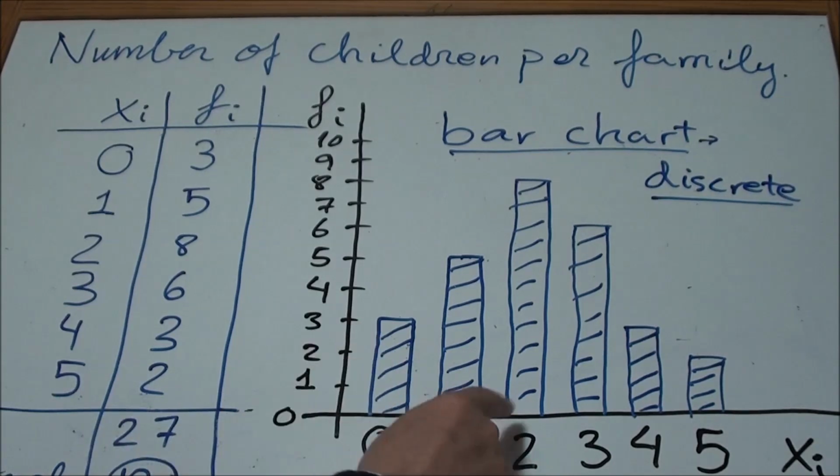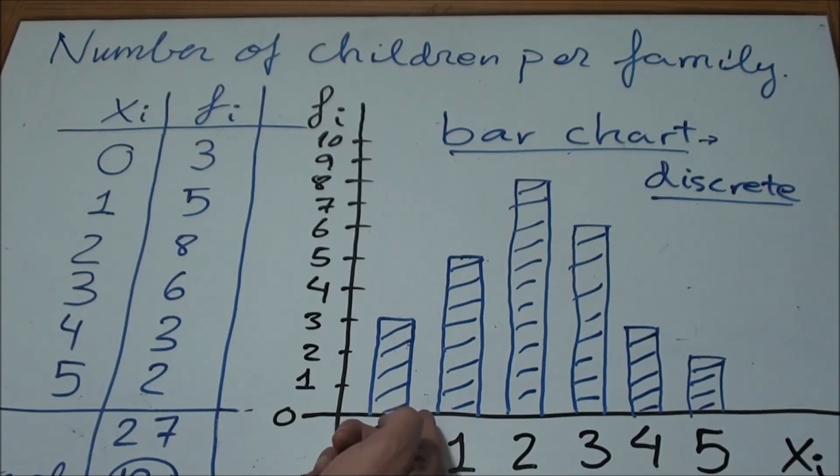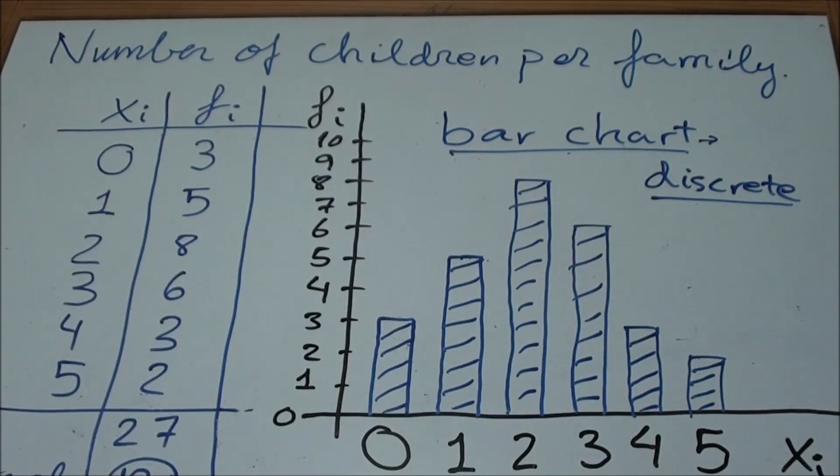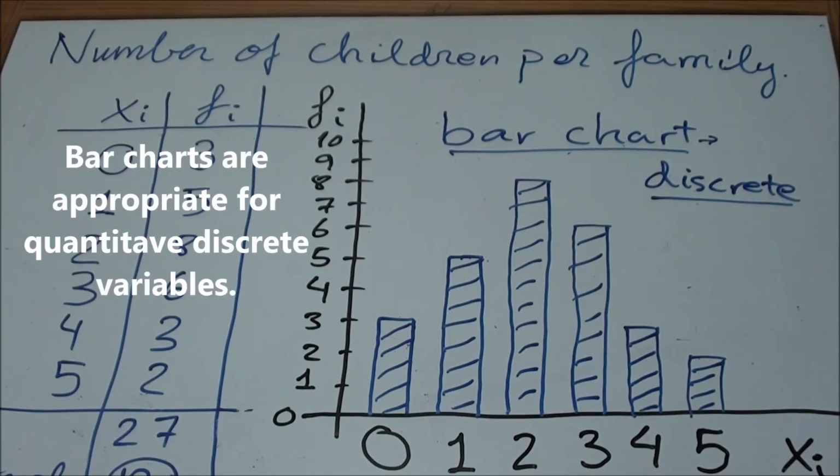That's why the bars are separated, because there's nothing between 0 and 1. Between 0 children and 1 child, there's nothing in between. There cannot be 0.5, one half of a child. And between 1 and 2 there's nothing. So this is a bar chart, a very common and appropriate graph for a quantitative discrete variable.